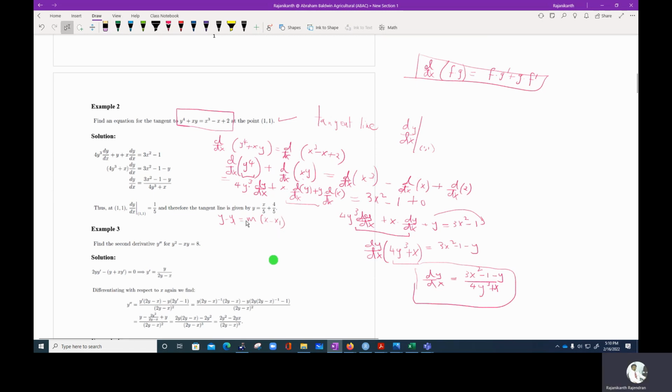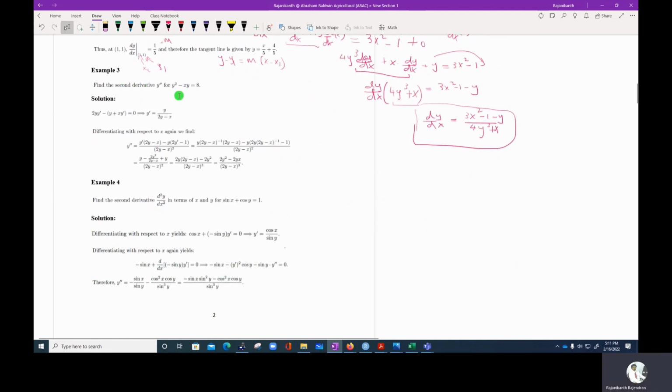You know the point, so that is x1 and y1. Simply plug in m, which is now 1 over 5, plug everything in and rearrange, and you will get this answer.